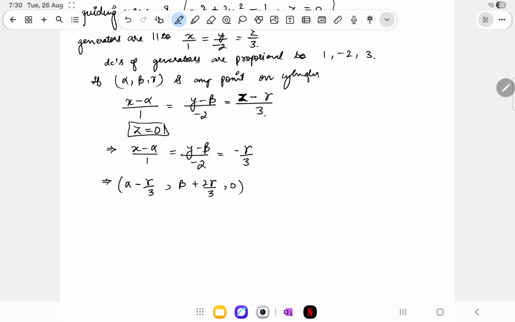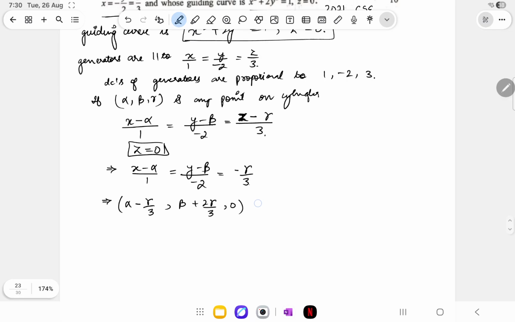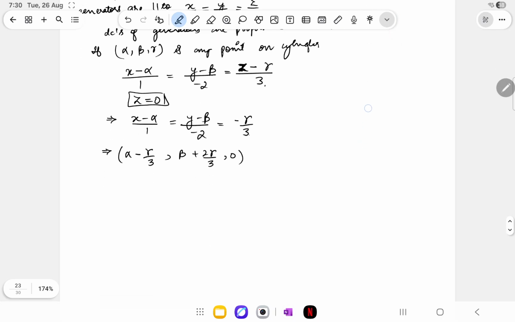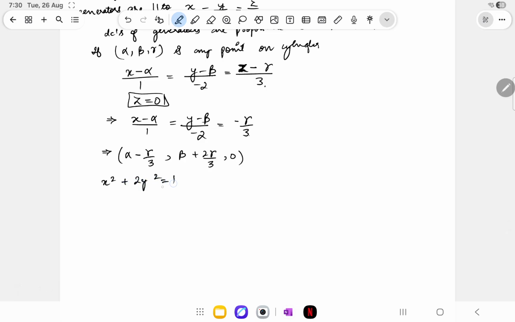This is the intersection point of the generator and the guiding curve, so it must satisfy x square plus 2y square equals 1. If I put this value in, I get alpha minus gamma by 3 whole square plus 2 into beta plus 2 gamma by 3 whole square is equal to 1.